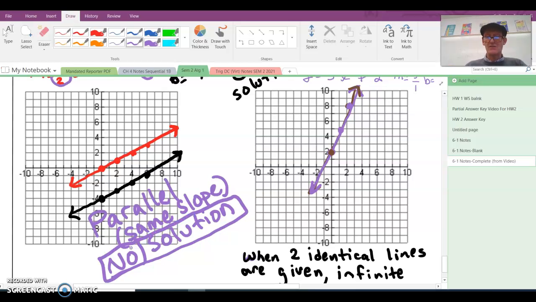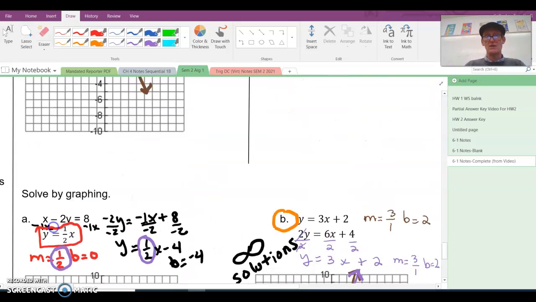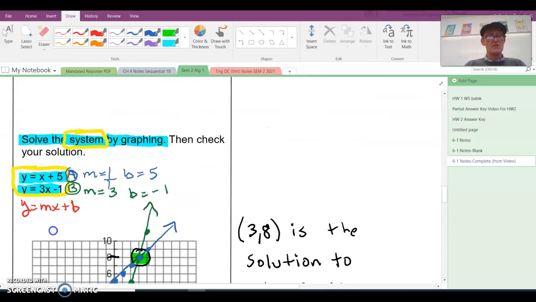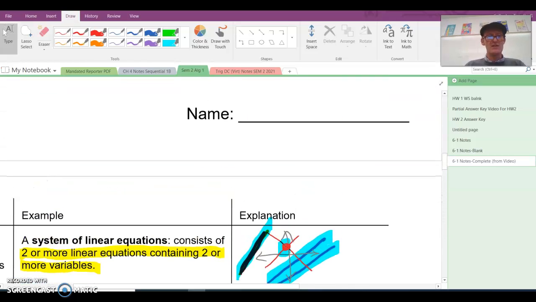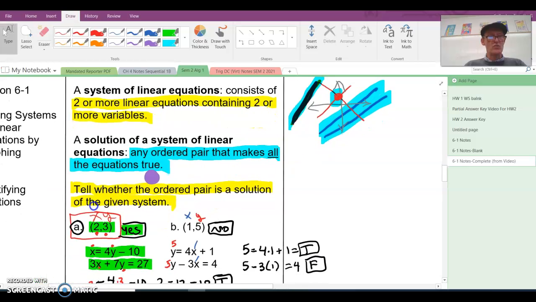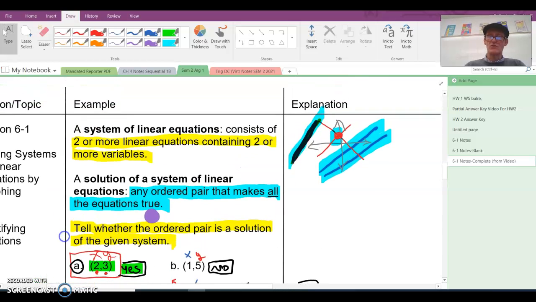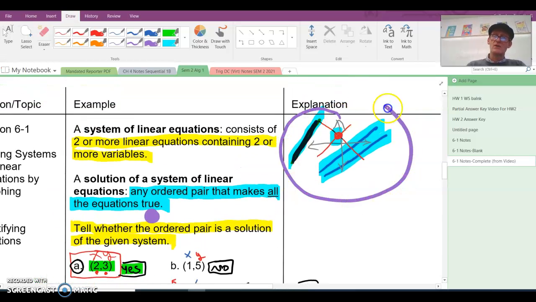All right, so that sums it up. We're going to be looking at Chapter 6 today in Zoom class, but starting with 6.1, solving systems, there's 3 possibilities. It's either the same line twice, or one solution where the lines intersect, or no solution where they are parallel.